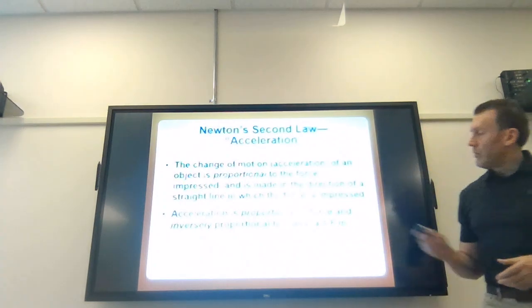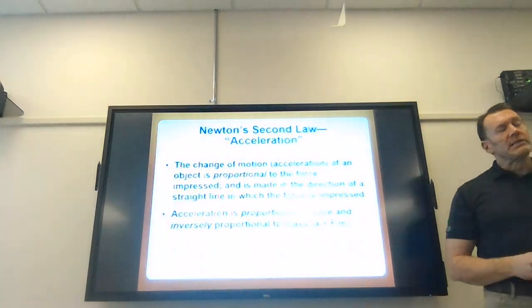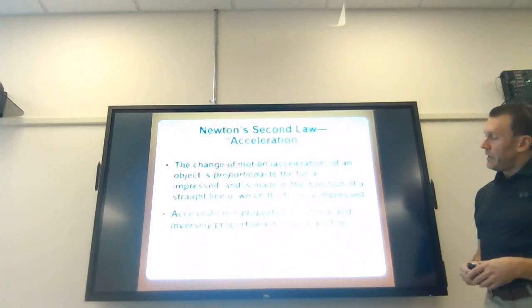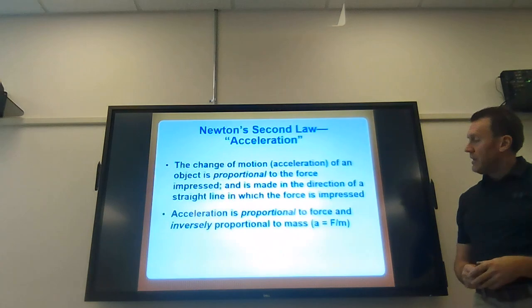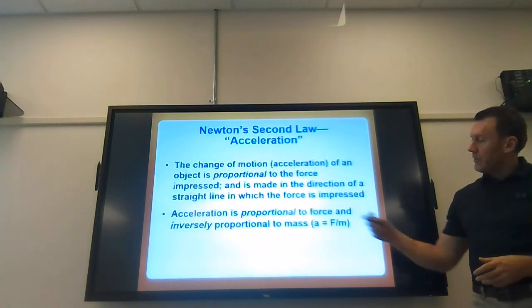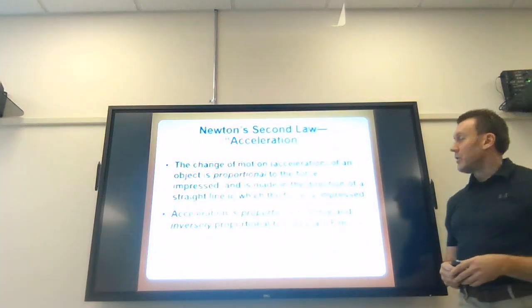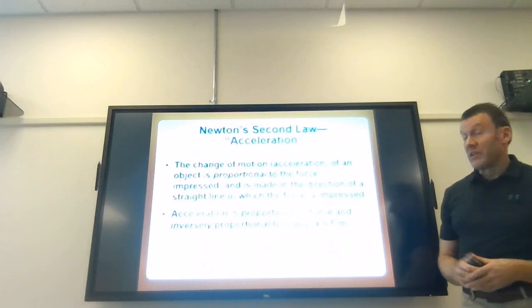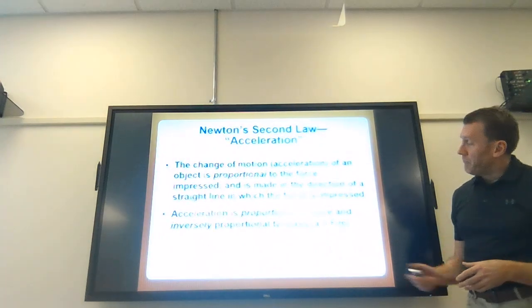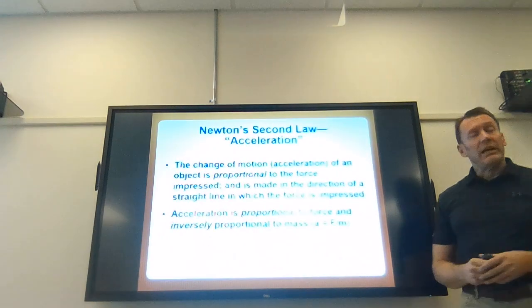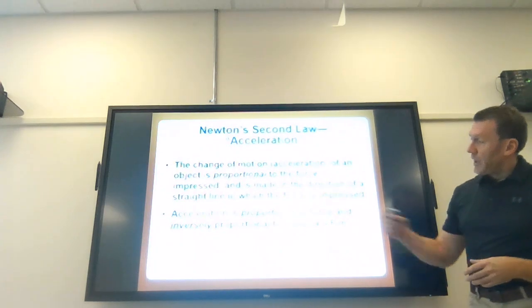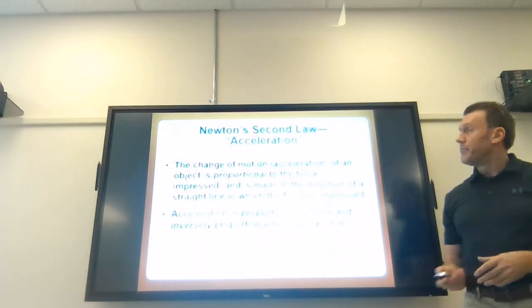We can also rearrange that equation to solve just for acceleration. So acceleration is proportional to the force and inversely proportional to the mass. So if mass is constant, greater acceleration is produced by a greater amount of force.